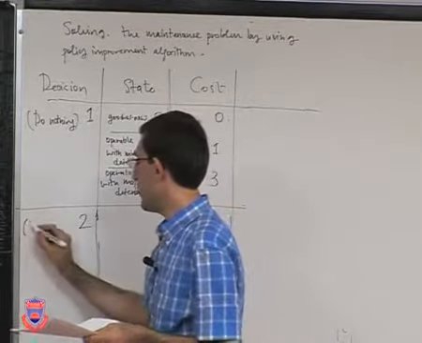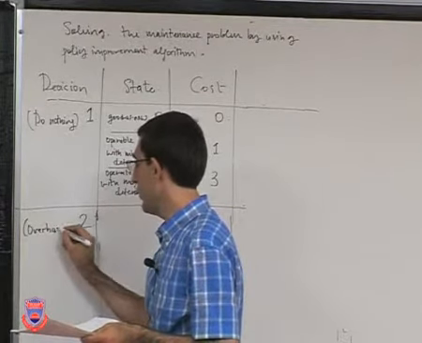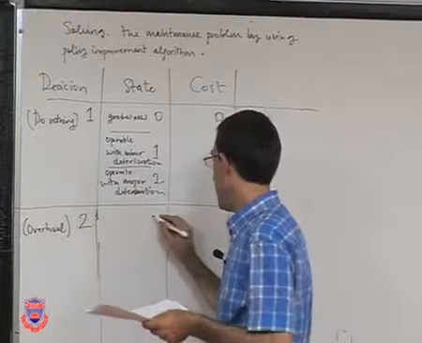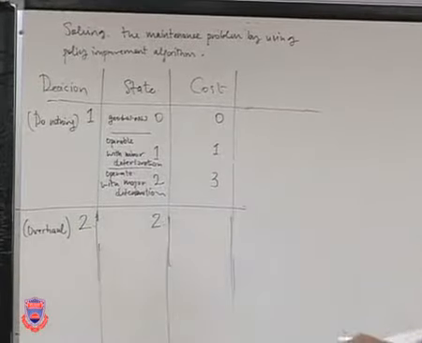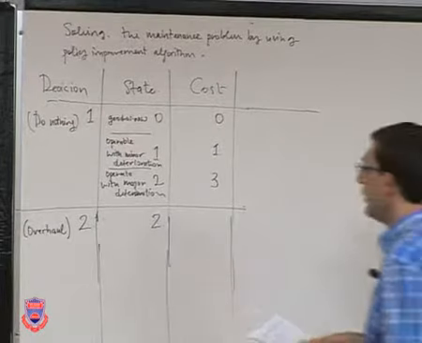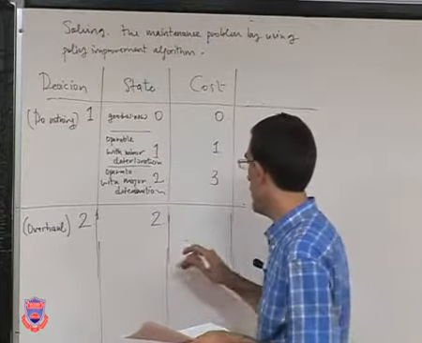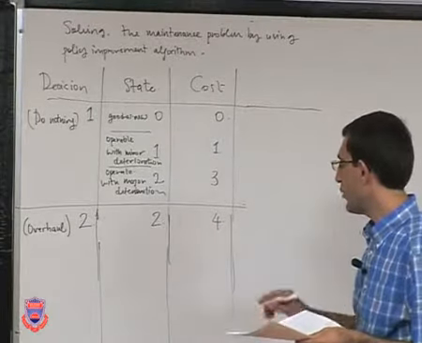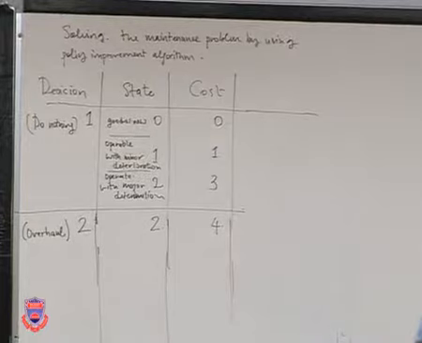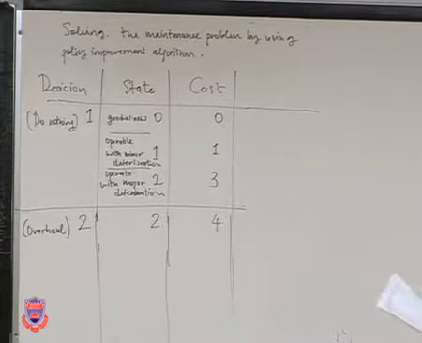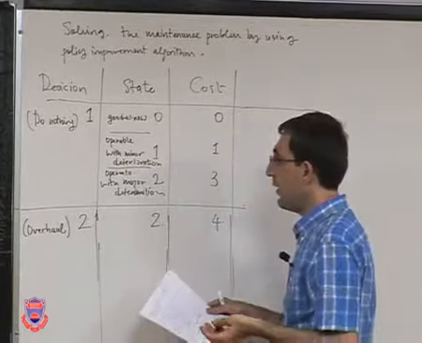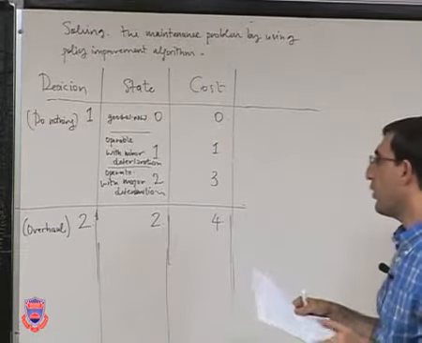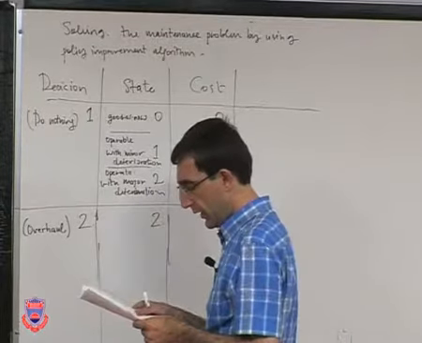Decision 2, which corresponds to overhauling the machine. I talked a lot more about this, explained that it is allowable only in state 2, and the cost was around $4,000, right? $2,000 was for just performing this overhauling, and then there was also $2,000 production loss because overhauling the machine takes about a week.